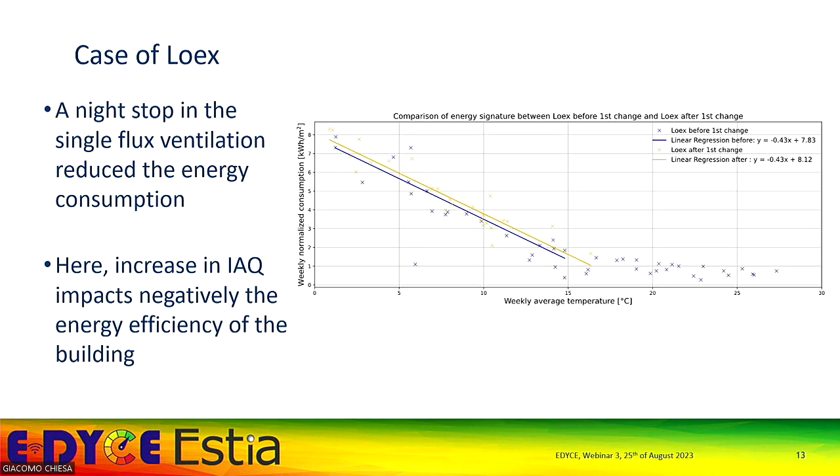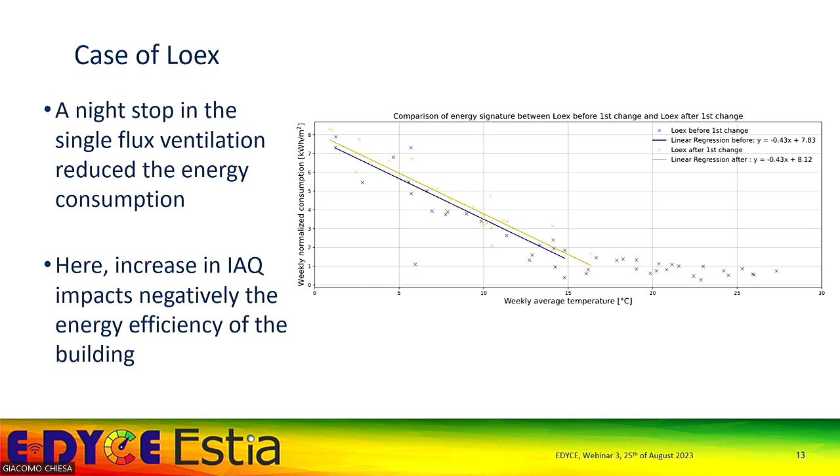Therefore, having a better comfort for the tenants actually here has a negative impact on the energy efficiency of the building. This night stop was definitely installed in order to have a better energy consumption of the building, but it was not good for the tenants themselves. And as there was no monitoring, no one could know that.